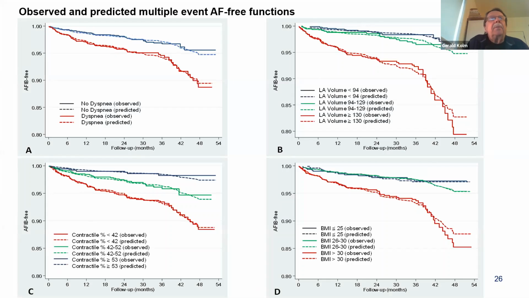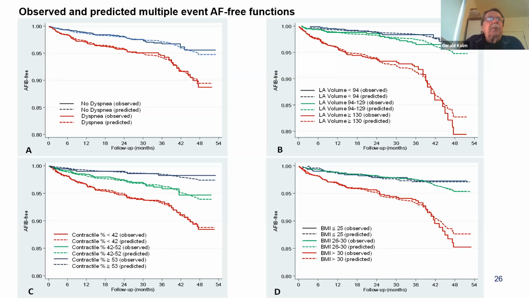Okay, and so here's some graphs of, in this case, looking at the observed AF-free functions, or the atrial fibrillation-free functions, because here we're not looking at survival, we're looking at being AFib-free. And so in this case, what I've plotted here is our observed survival functions, and then our predicted survival functions predicted from our model that we looked at.